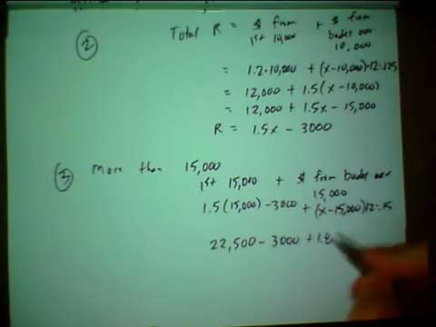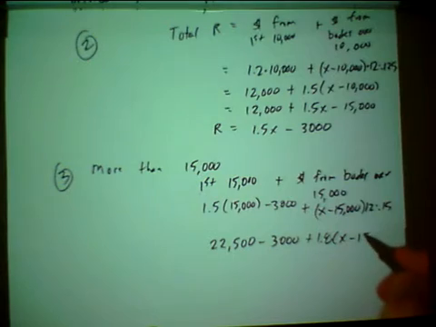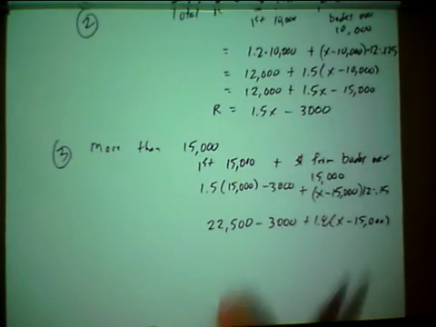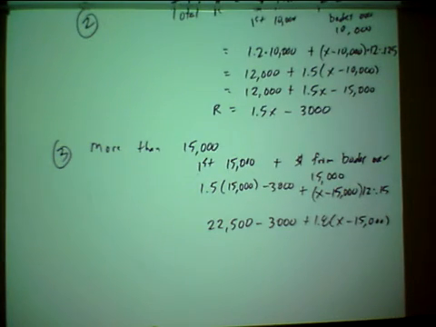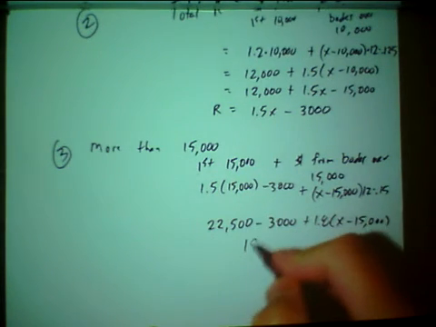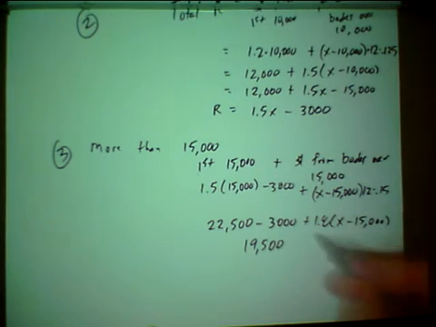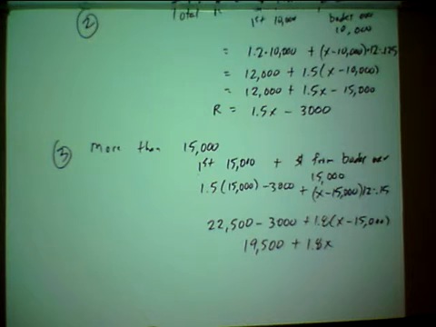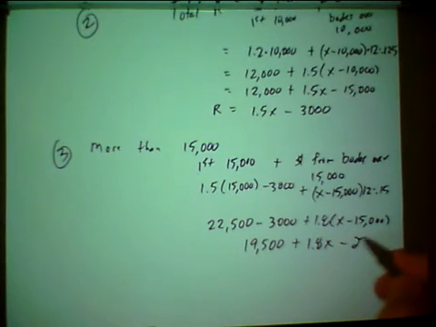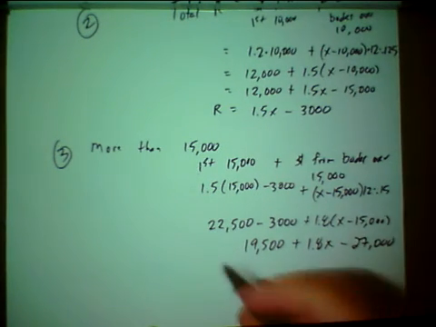So I have 1.8 times, in the parentheses, x minus 15,000. So let's go ahead and combine these. 22,500 minus 3,000 is 19,500. And if I multiply out my parentheses, that's 1.8x, and then 1.8 times 15,000 minus 27,000.